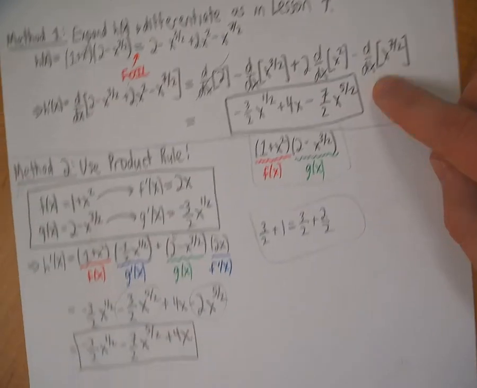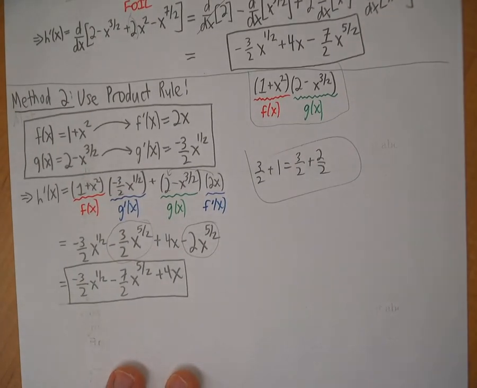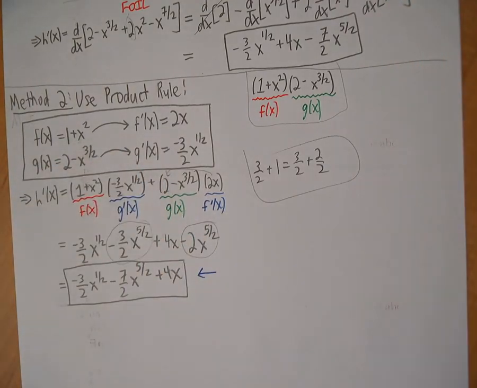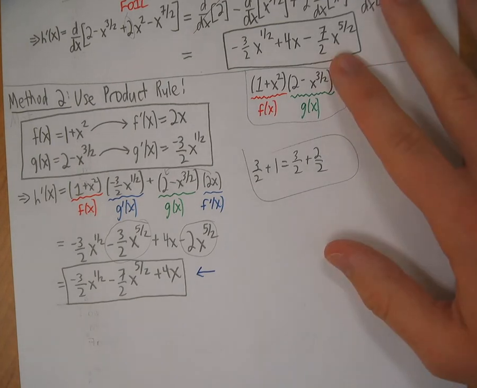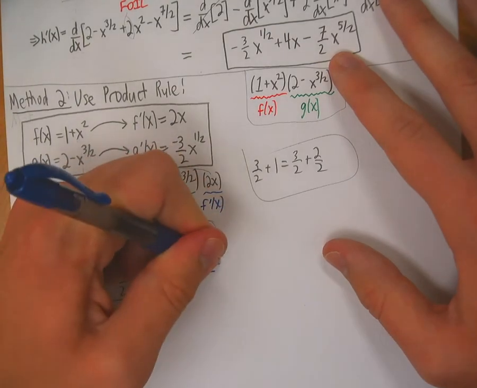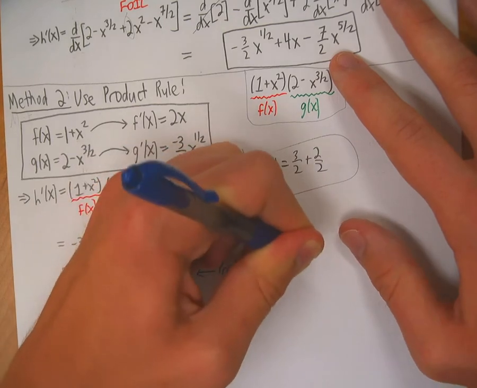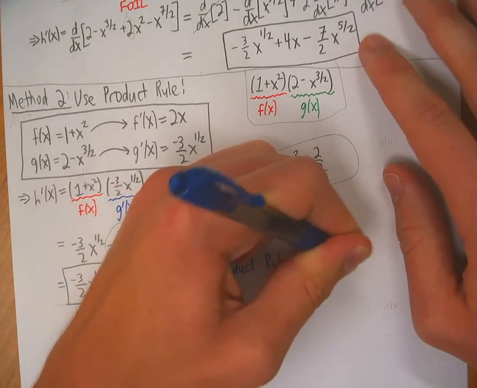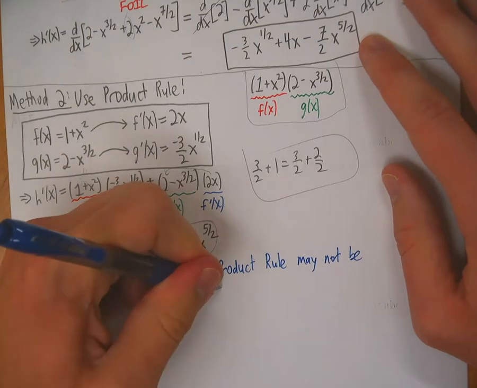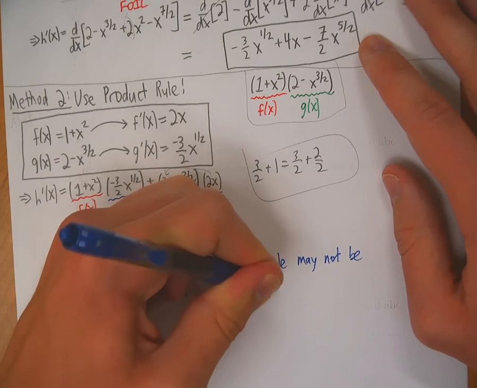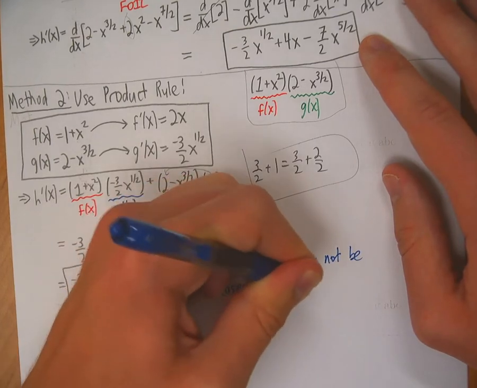Okay. So here's the thing with this. Product rule may not be the easiest, quickest, or cleanest way to help you find the derivative, but as we'll see later on, sometimes you may not get a choice.